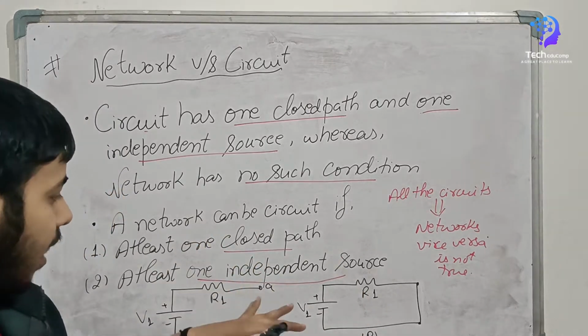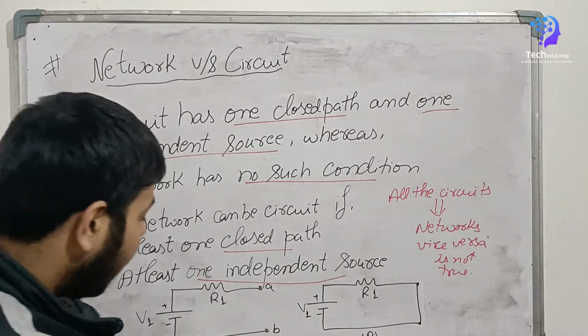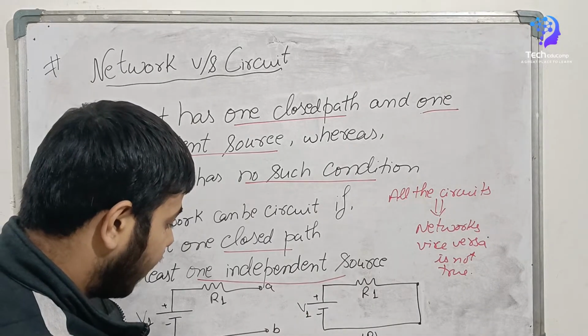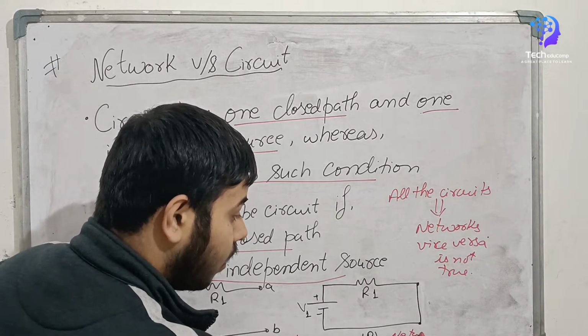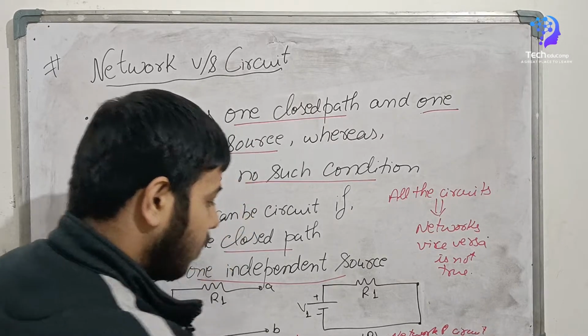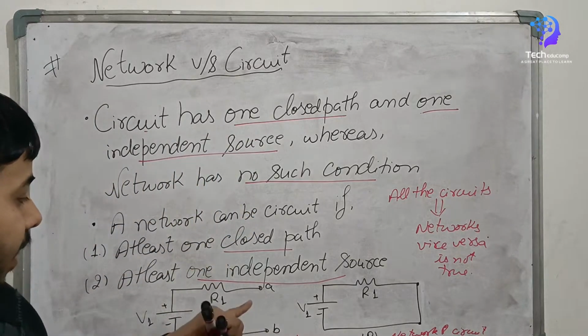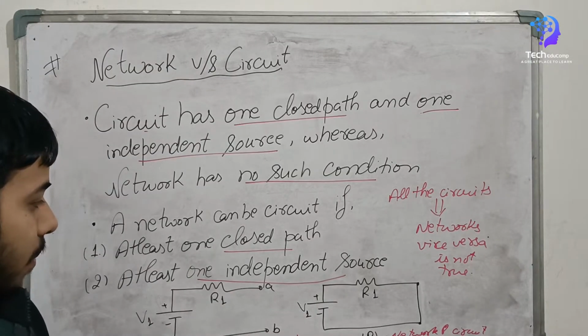As you can see here, I have two circuit diagrams, figures A and B. A is a network, whereas B is a network and a circuit. Because in figure A, it is an open path, not a closed path.